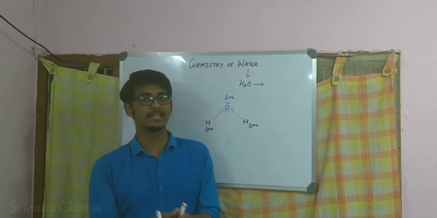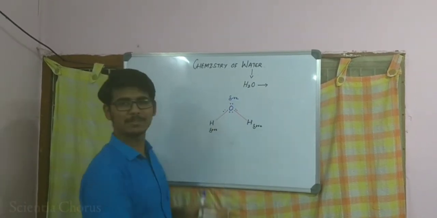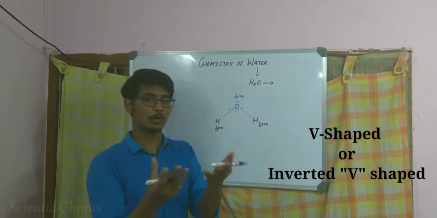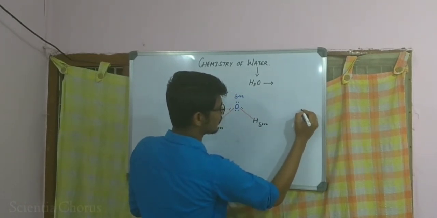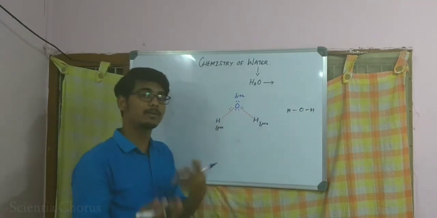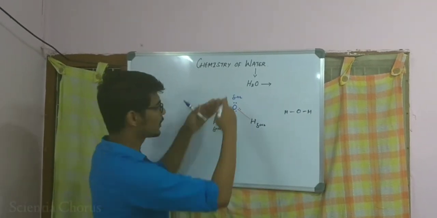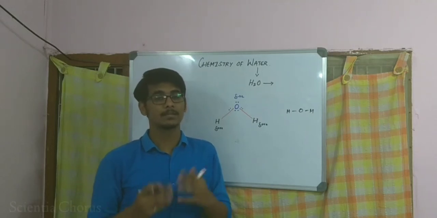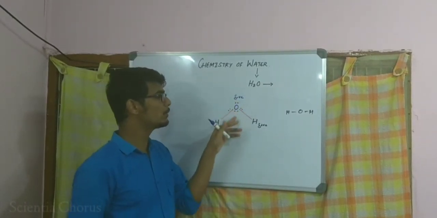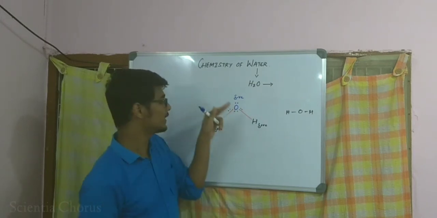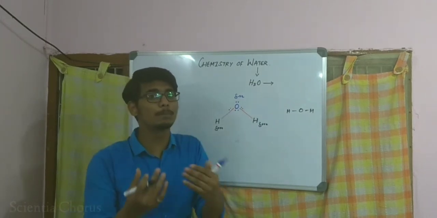Now let us see this V-shaped structure of the water molecule. Why is this not a linear molecule? Why not in this way? Or why not in some other different shape? Why is this water molecule in this shape? So to understand that, first let us see the lone pairs of electrons which are present on the oxygen. Okay, what is this lone pair of electrons?